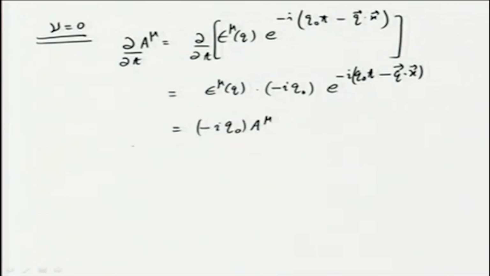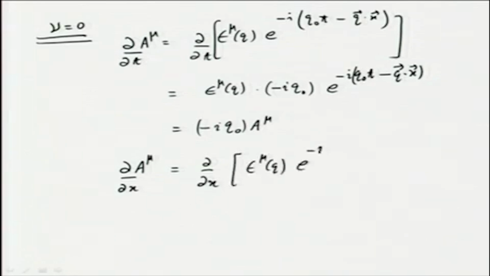So, now similarly dou by dou x A mu is equal to dou by dou x epsilon mu q exponential minus I (q 0 t minus q 1 x minus q 2 y minus q 3 z).